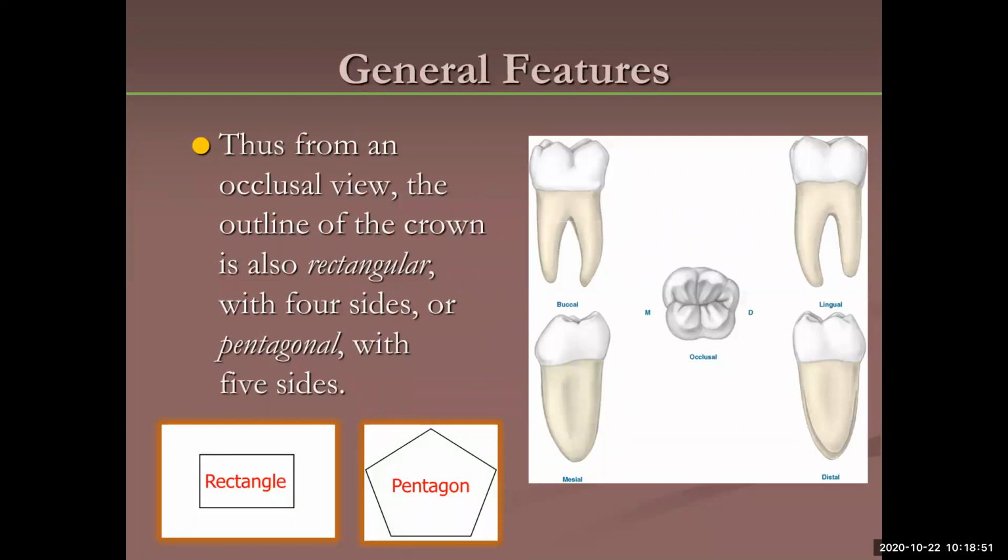From the occlusal view, the outline of the crown is rectangular or pentagon in shape. The rectangular would be a mandibular second molar, because it's got 4 cusps that are somewhat equally divided. And the mandibular first permanent molar has 3 buccal cusps.